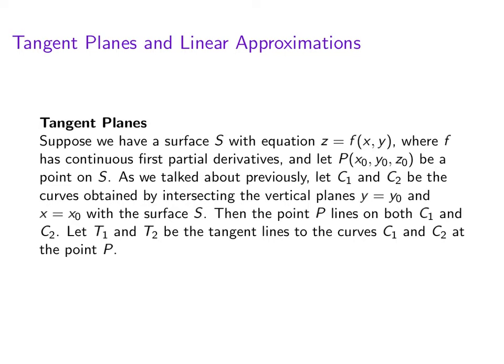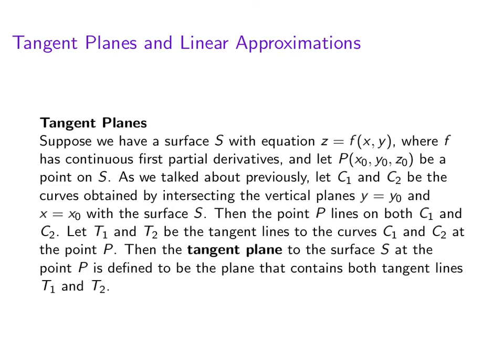And as before, we'll let T1 and T2 be the tangent lines to the curves C1 and C2 at the point P. So we're going to say that the tangent plane to the surface at the point P is defined to be the plane that contains both tangent lines T1 and T2.